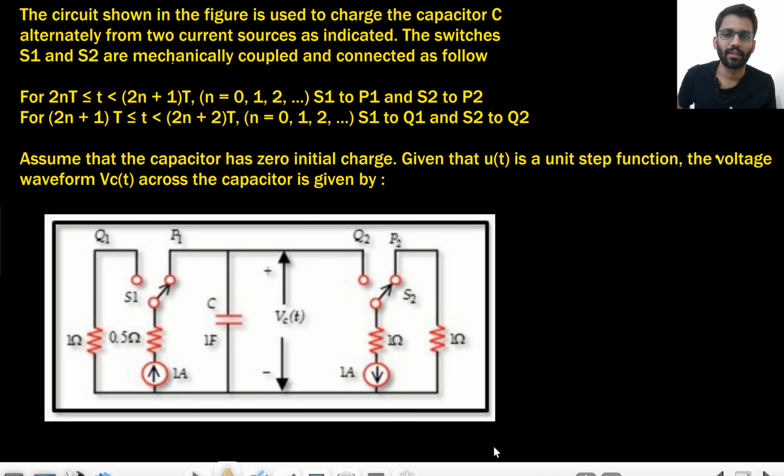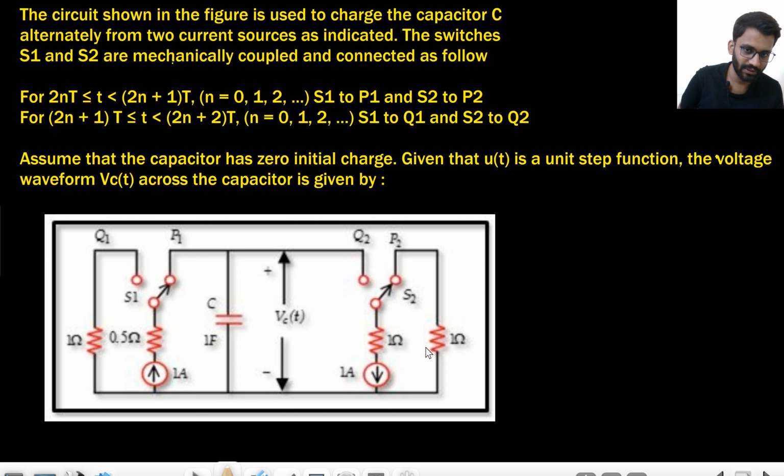Okay, let's move on to the next question. This is a good question. You have to draw the Vc(t) waveform, and this is the condition given. There are switches S1 and S2, which are mechanically operated. For the time duration 2nT to (2n+1)T, switch S1 is at P1 and switch S2 is at P2.